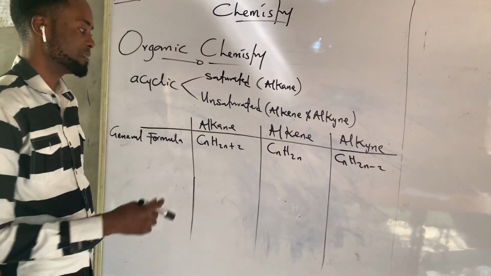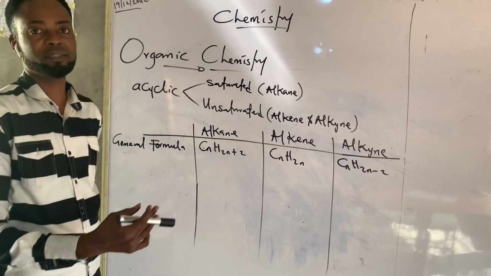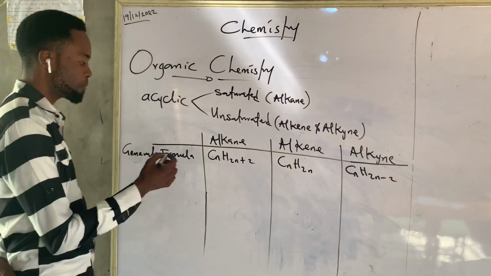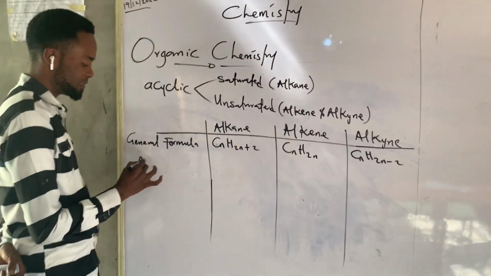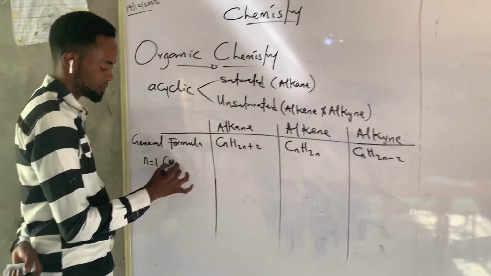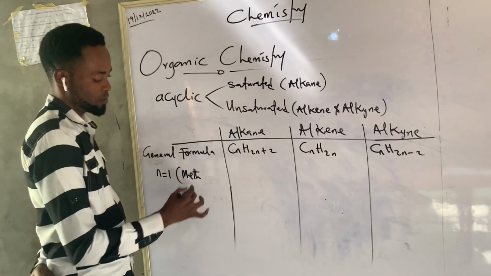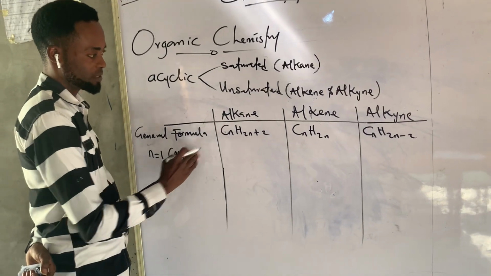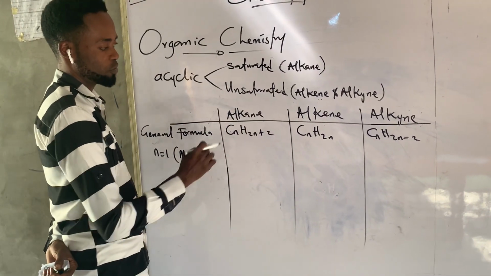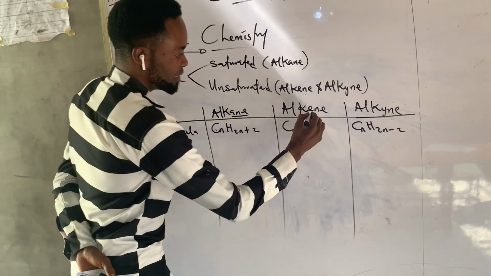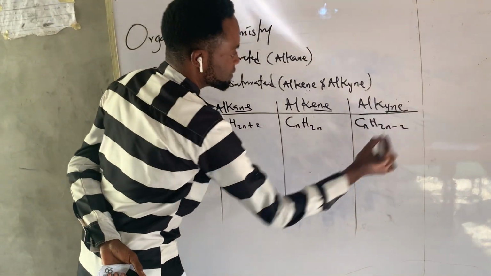Now, we'll be using this to write the name of each member. When n is equal to 1, the name will be meth. You just add meth to the ending: alkane, alkene, and alkyne.